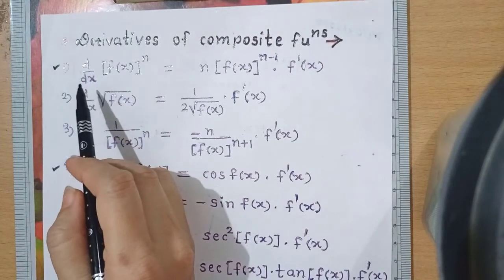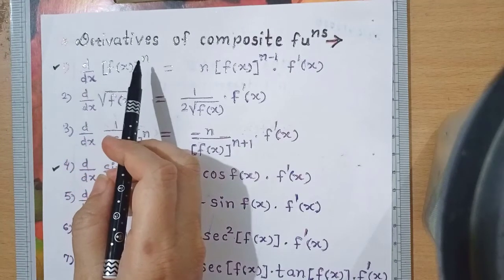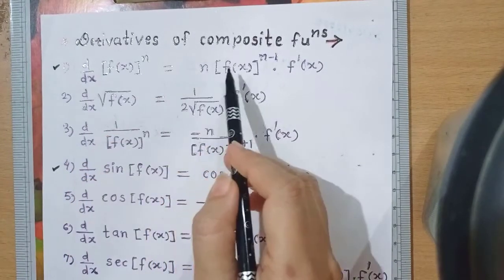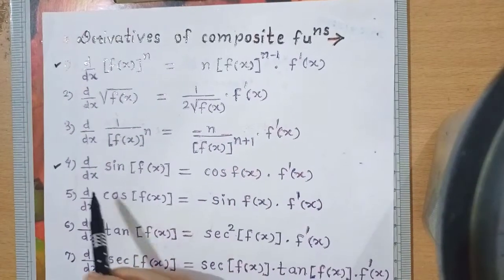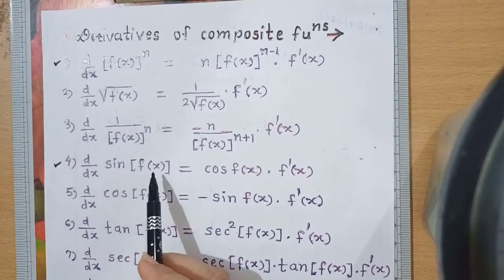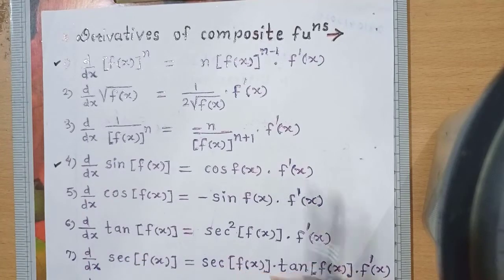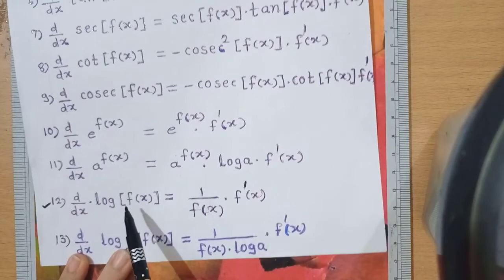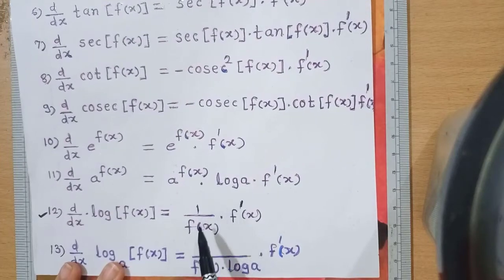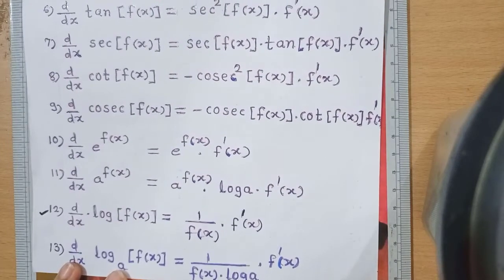First formula, d by dx of f(x) raised to n equals n f(x) raised to n minus 1 into f dash x. d by dx of sin f(x) is cos f(x) into f dash of x. In the same way, d by dx of log f(x) equals 1 upon f(x) into f dash of x. We have to use these formulae.